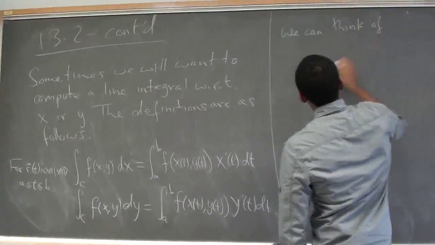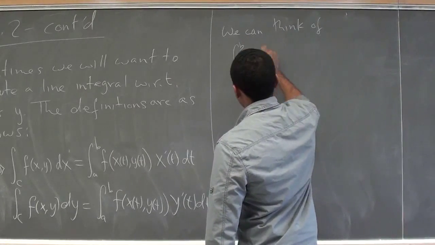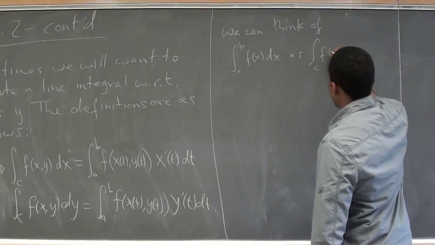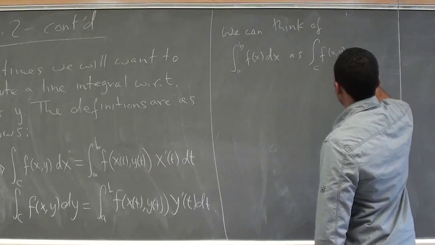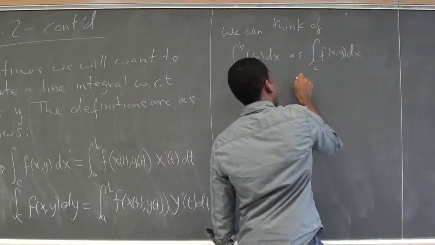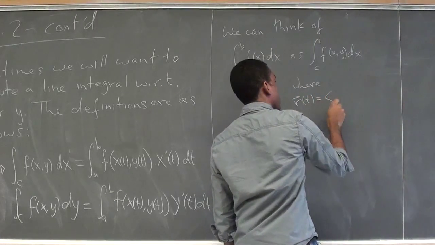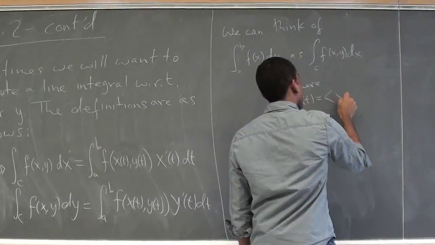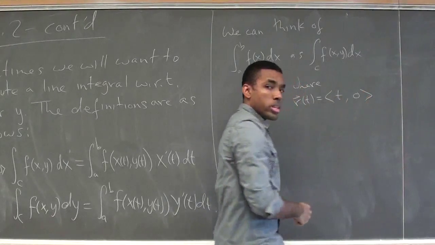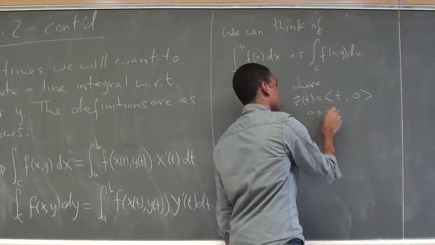Say, for example, think of an integral like the regular integral back in Calc 1, f of x dx, as the integral along C of f of x, y dx, where r of t is parameterized by x is t, y is 0. That will parameterize the x-axis, with t running between a and b.